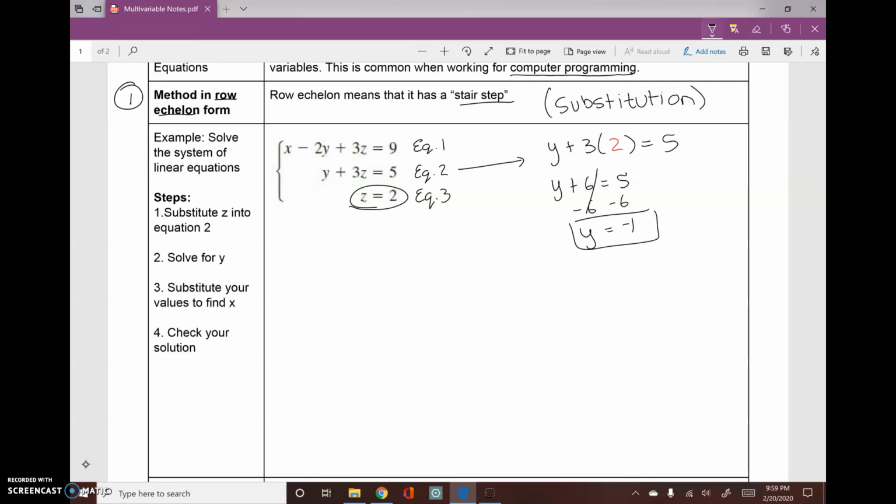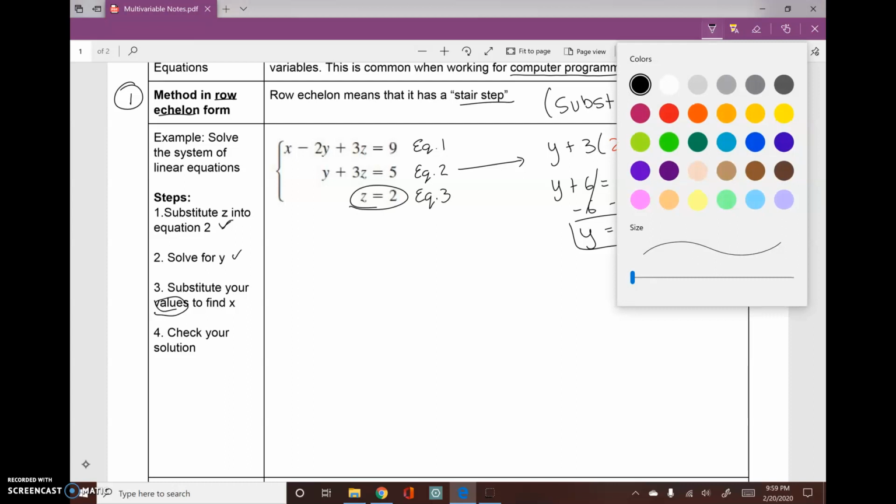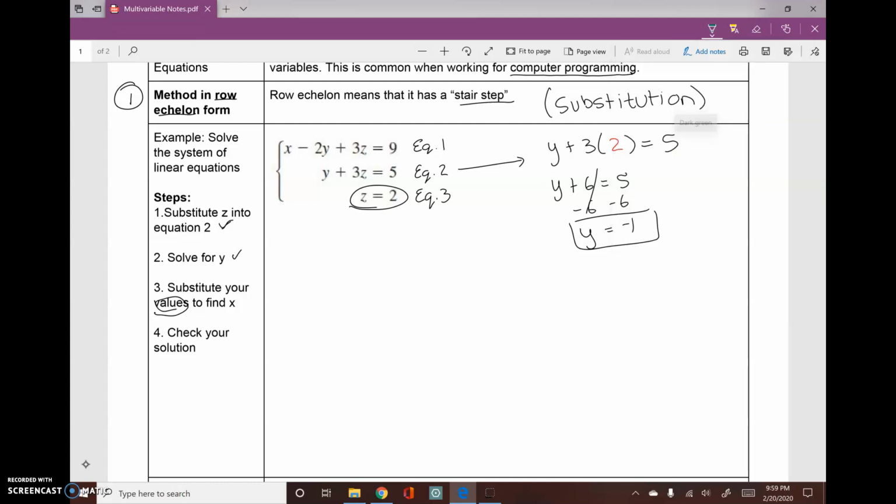And then it says solve for y. We did that. We did step 1, step 2. And then it says substitute your values. It says values because now you have two, you have z and y. So I'm going to substitute those values to find x, and I'm going to plug them into the first one. So x minus 2 times y plus 3 times z equal to 9.